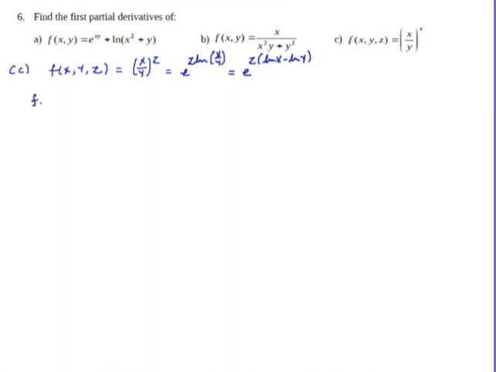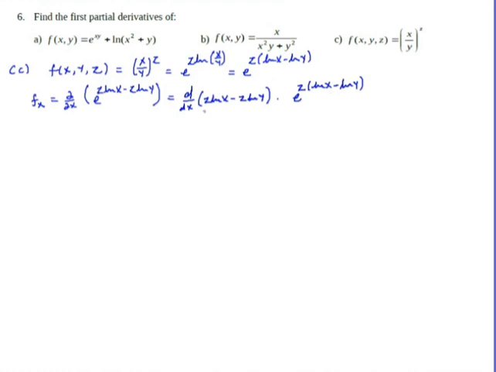Let's calculate first fx, the partial derivative of the function with respect to x. e to the power of (z ln x minus z ln y). When we take the partial derivative, it is d by dx of (z ln x minus z ln y) times e to the power of z into (ln x minus ln y).